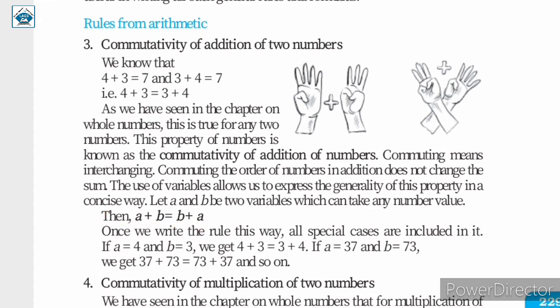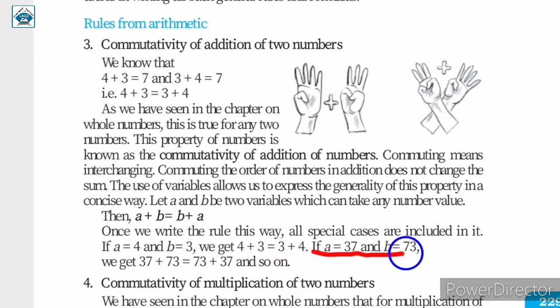So once we write the rule in this way, all special cases are included in it. So if we take A is equal to 4 and B is equal to 3, then we get 4 plus 3 is equal to 3 plus 4.